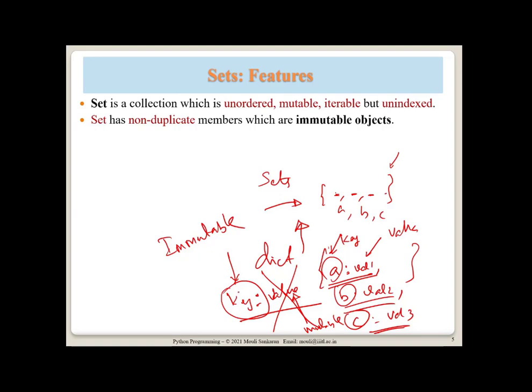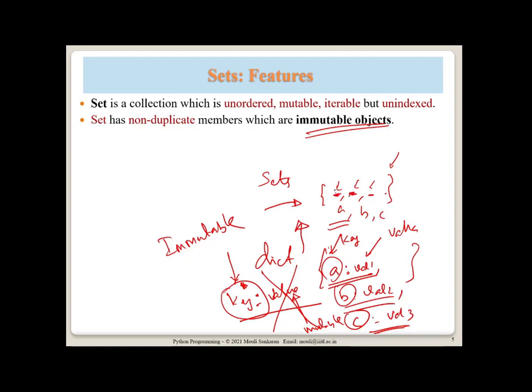If you are picking up only the keys from a dictionary, it becomes a set. Okay. That means these elements which are immutable are given here. That's why I said that it's immutable objects. What you have in sets is immutable objects. That means they cannot be modified.